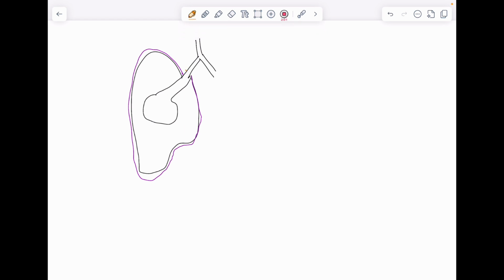So I drew it like they have a big space, but really, these are on top of each other. In between those, we have what's called the interstitial space, or the pleural cavity. It's the space between the visceral and parietal pleura, and it's filled with a little bit of liquid. I think they call it pleural fluid. It's mainly water.